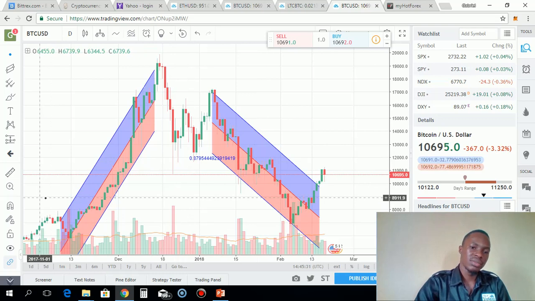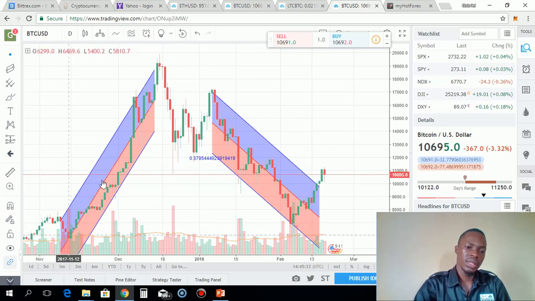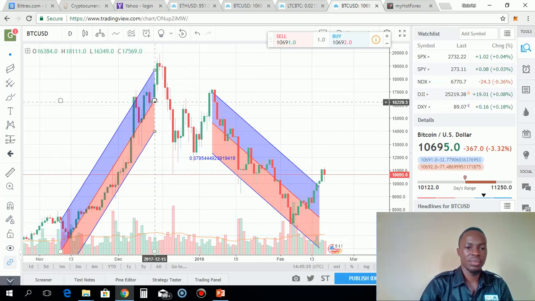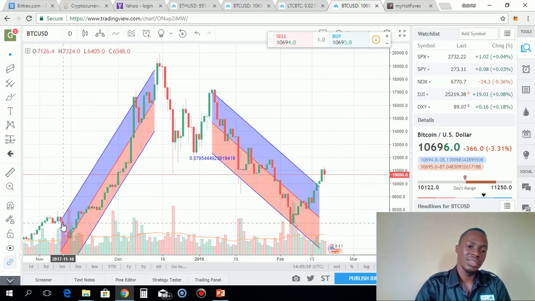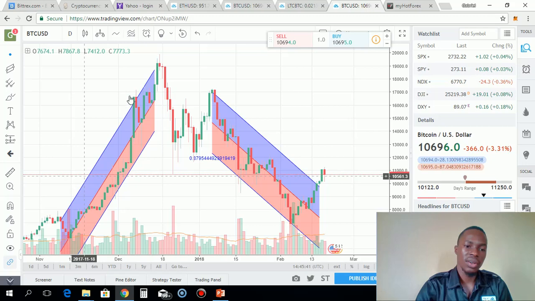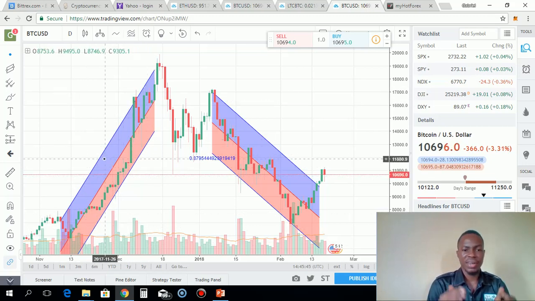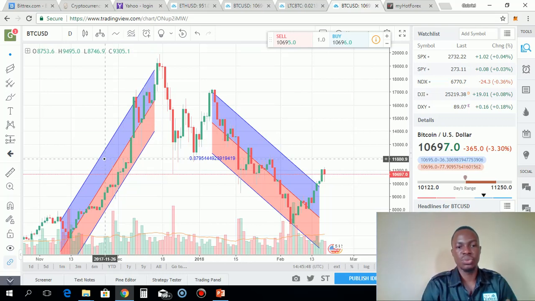Now this slanted rectangle I've been able to draw is more like a trend line. This is the upper part of the trend line, and this is the lower part of the trend line. Whenever price is trading between two trend lines and respecting these zones, it is known as a channel, or price is said to be trading within a channel.